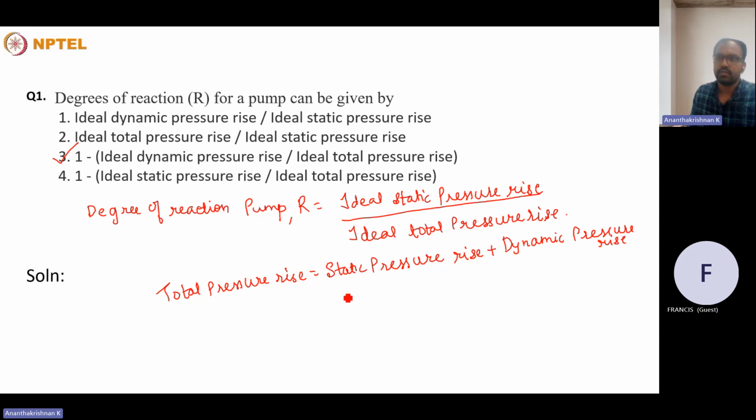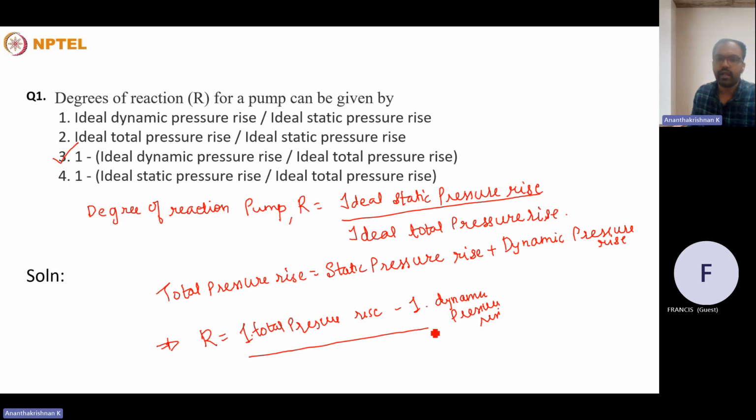So substituting this in the degree of reaction equation, R is equal to, the static pressure rise can be substituted as the total pressure rise minus dynamic pressure rise. We get the ideal total pressure rise minus the ideal dynamic pressure rise, divided by ideal total pressure rise.